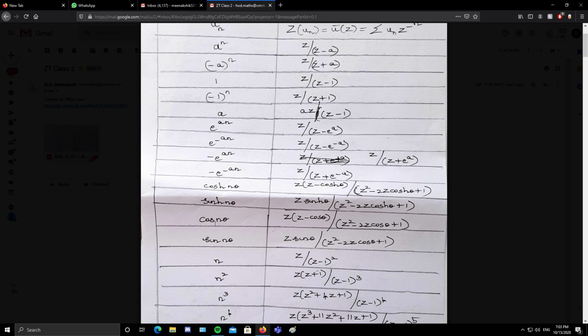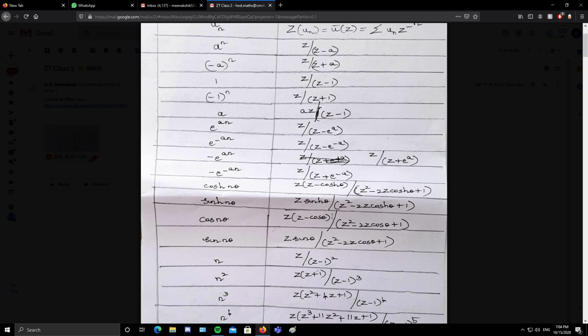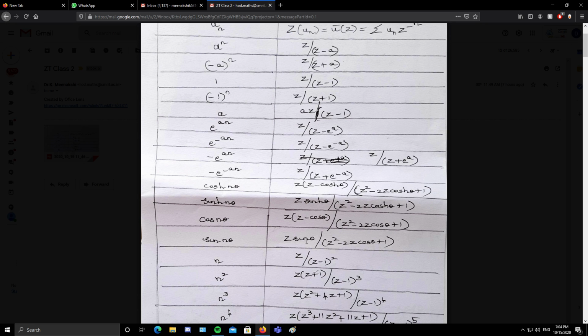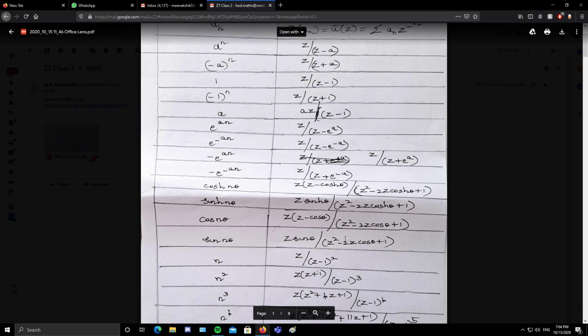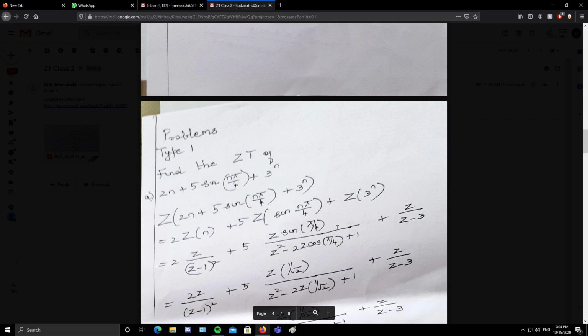Here you have the transform of cos n theta, and we found cos 2n theta, so we replace theta by 2 theta in both numerator and denominator. Then for sin 2n theta, you just replace theta by 2 theta in the transform of sin n theta. That's what we have done here.